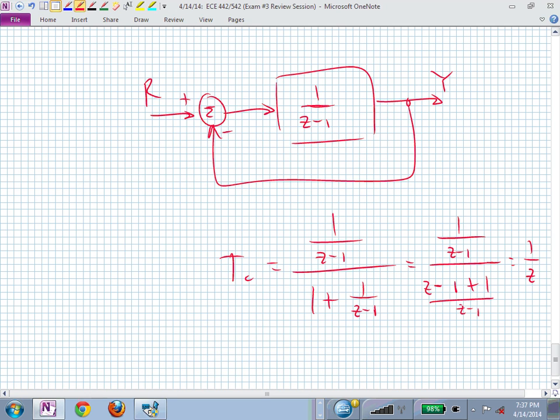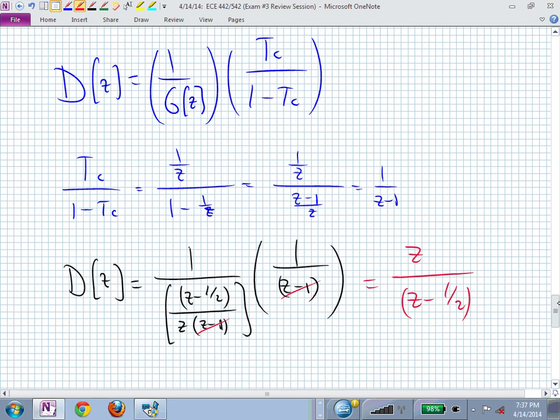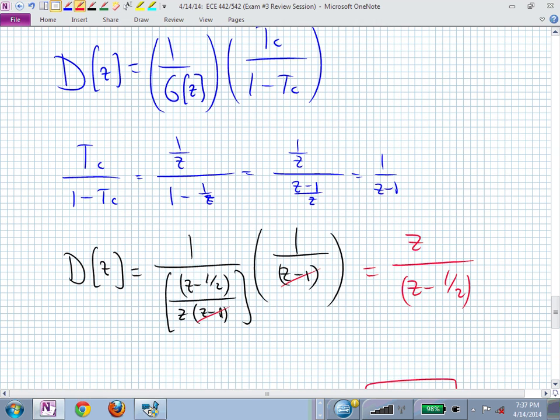That should have included my actuators, my sensors, etc. Now I just have a processor, a controller that I need to realize digitally, and I would like to think that you now know how to build a difference equation that would realize this D of Z. D of Z is just the relationship between the error and the input to the system. And you now have a difference equation relationship between your error and the input to the system. That's all you can really do from what you're given in this problem.